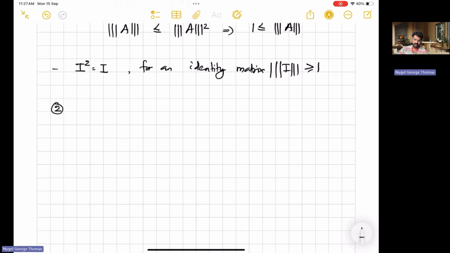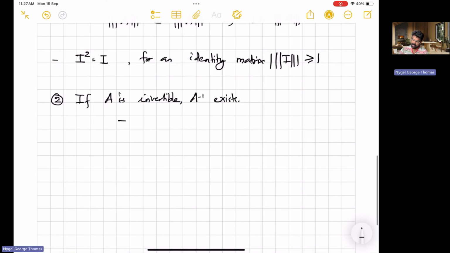There's another interesting property. If A is invertible, meaning A inverse exists, then we know I is equal to A inverse into A, the same as A into A inverse.